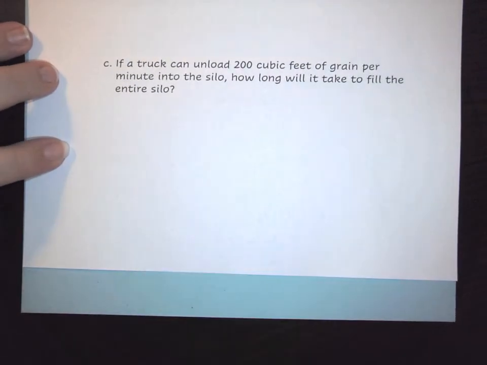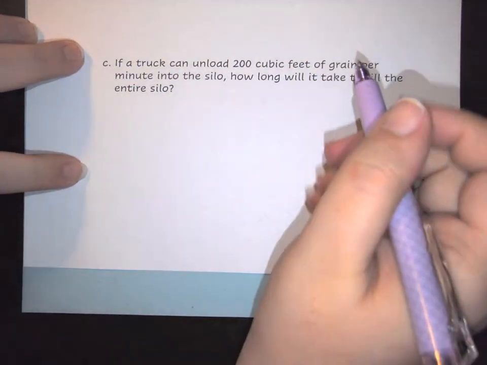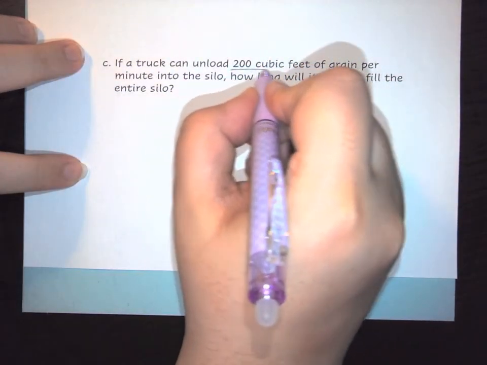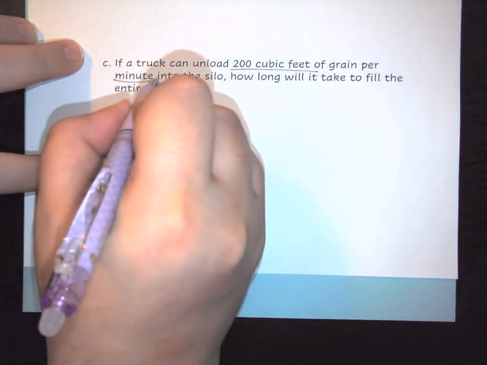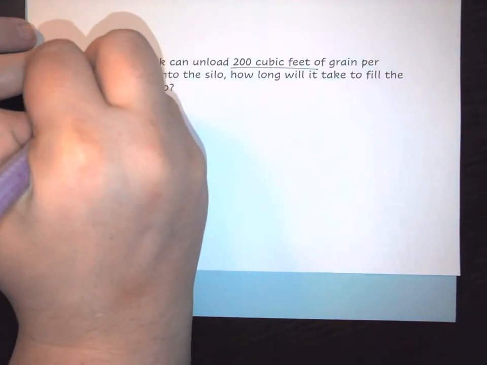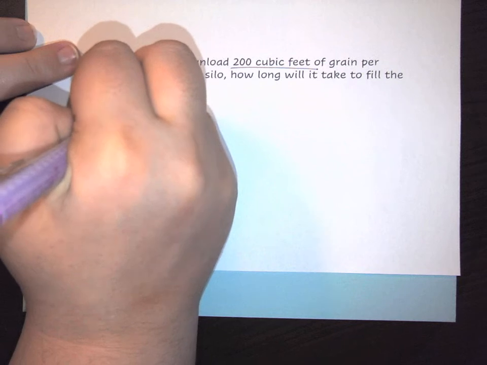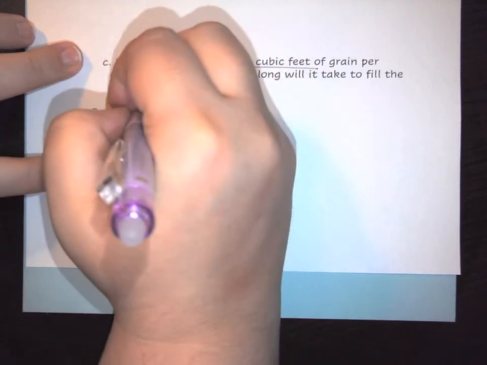Now the last part says if a truck can unload 200 cubic feet of grain per minute into the silo, how long will it take to fill the entire silo? So we're looking at 200 cubic feet per minute. So first of all, we have 27,129.6 bushels.